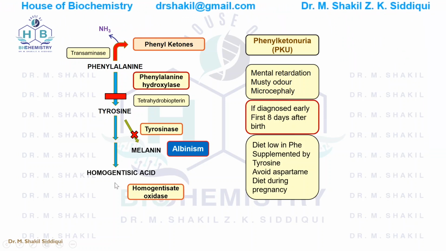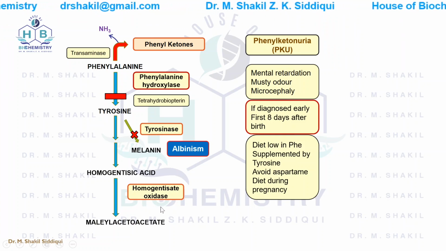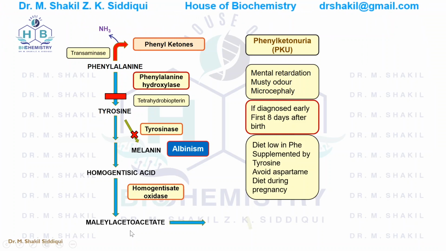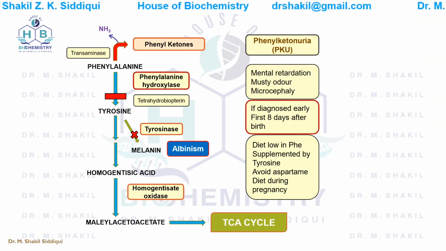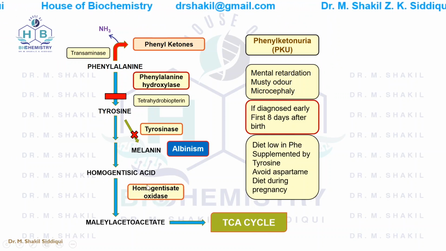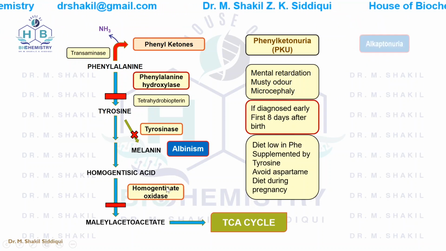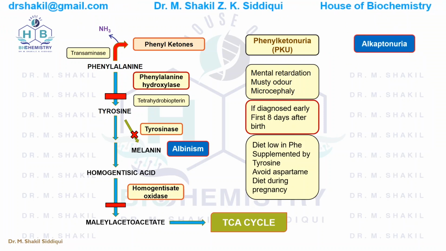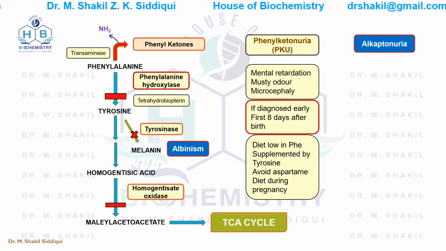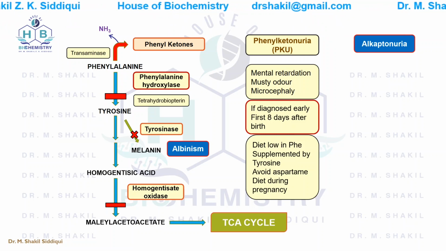It oxidizes homogentisic acid to make maleylacetoacetate. This maleylacetoacetate goes into the Krebs cycle, and if the enzyme that oxidizes homogentisic acid does not work, it causes a major disease called alkaptonuria. It is a rare disease but very important from an examination point of view, and is asked quite frequently in the exams.